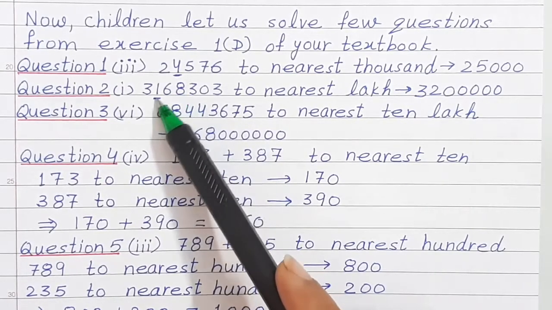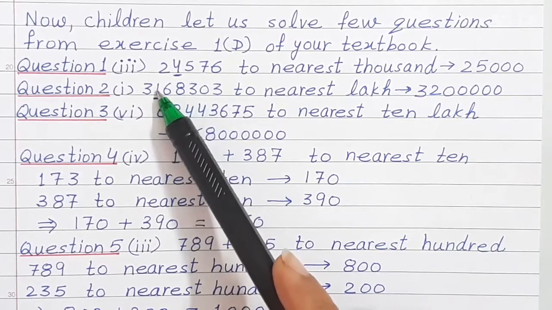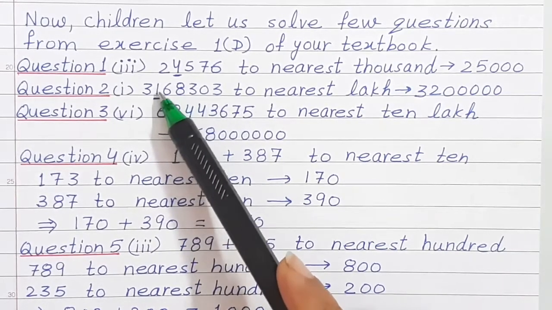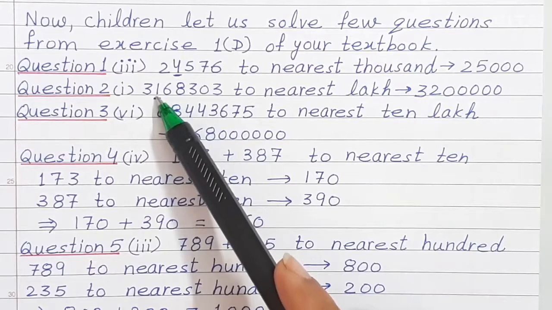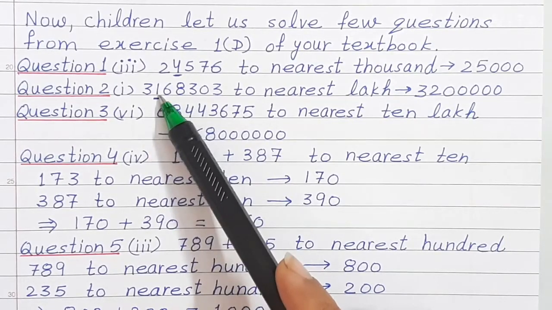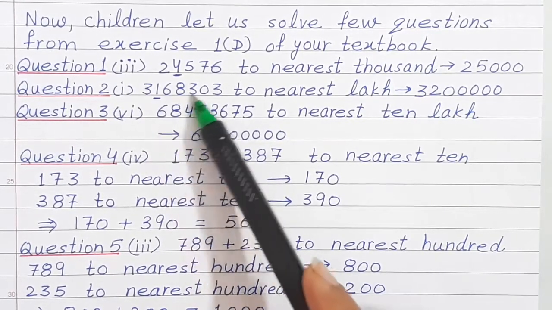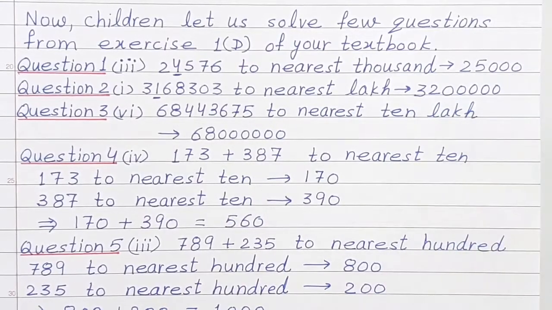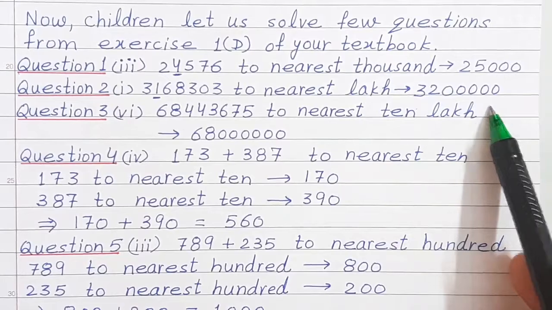So we have to add 1 to the digit before 6, that is 1 plus 1, 2. So the answer is 3, 2 and then zeros. Is it clear? So it is 32 lakh.